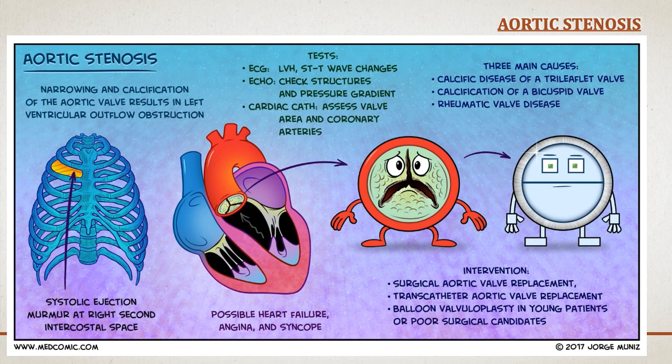So when they have a valve replacement, we have to follow up with what's called an INR, which is a blood serum test that tells us how we need to adjust that anticoagulant medication, which most of the time is called Coumadin or warfarin.